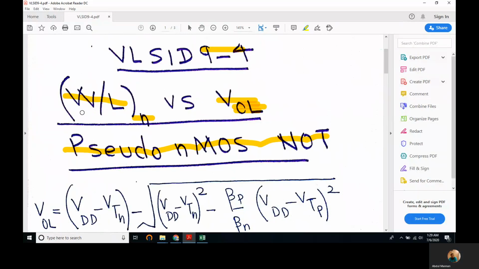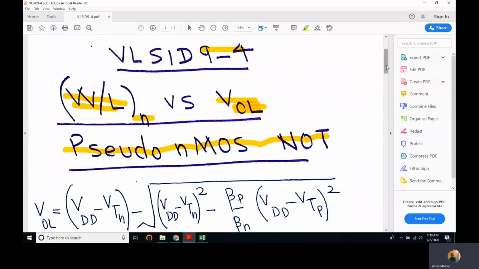So one possible solution is to increase the aspect ratio of the nMOS transistor. That will bring VOL down to nearly equal to 0, but at some expense. So in this lecture, we are going to see what that expense or cost is.